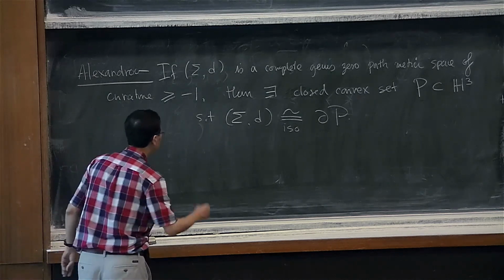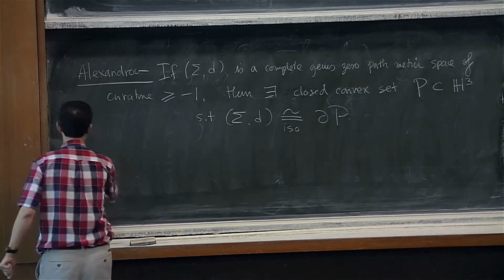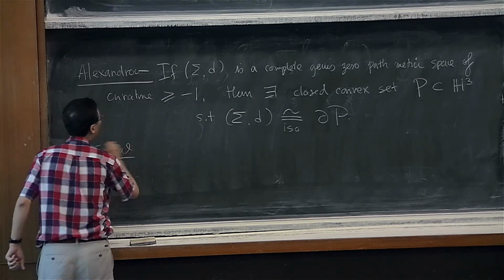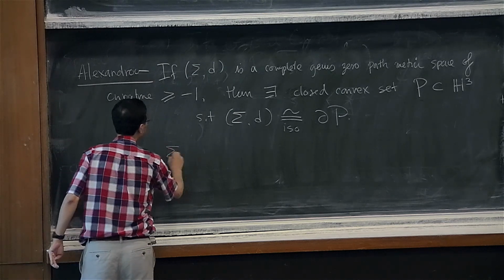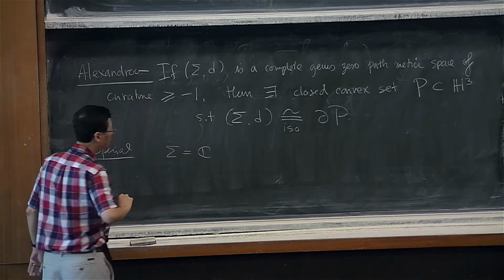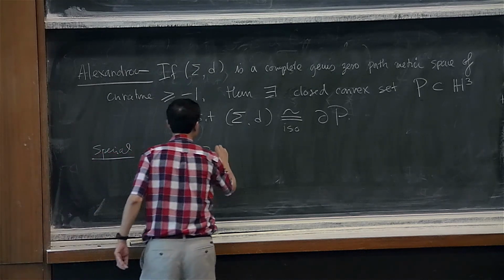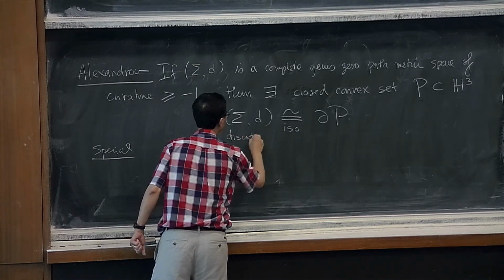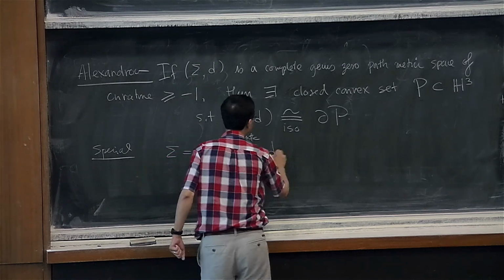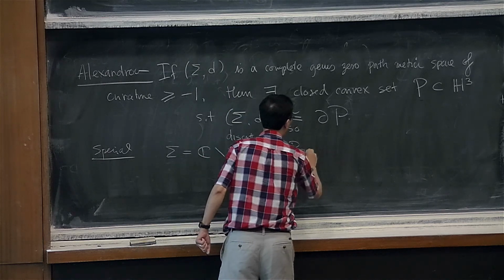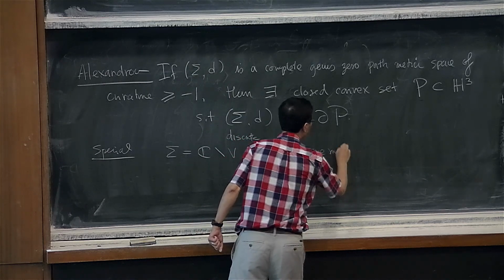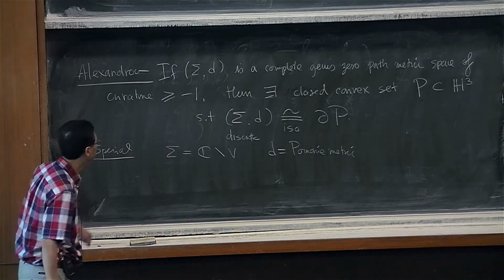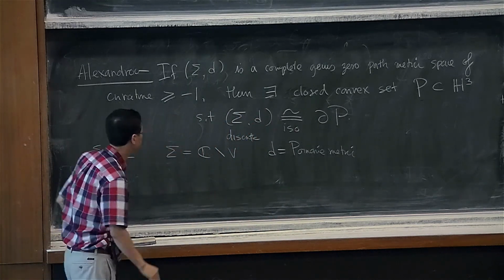So if we take the special case, I'm going to take sigma to be the complex plane minus a discrete set, which is what we're interested in, and D equal to the Poincare metric. It's a complete hyperbolic metric in the conformal class of this.